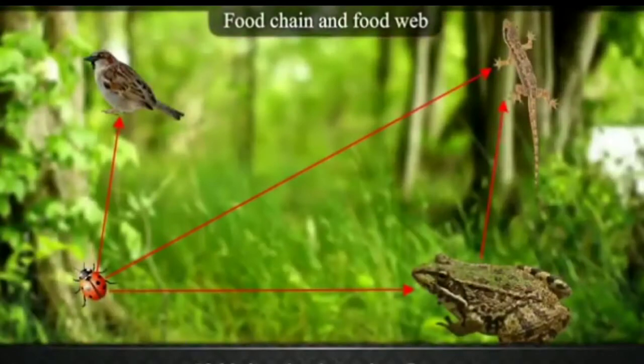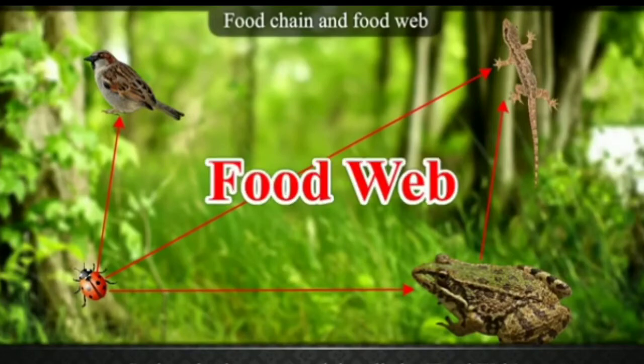If this is to be shown in a figure, it will form an intricate web instead of a linear food chain. Such an intricate network is called a food web.